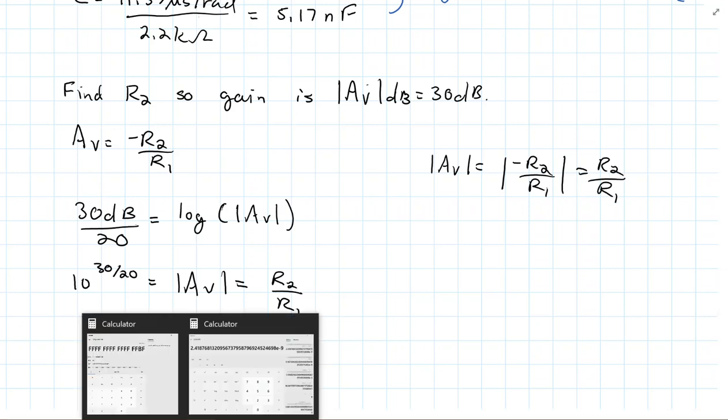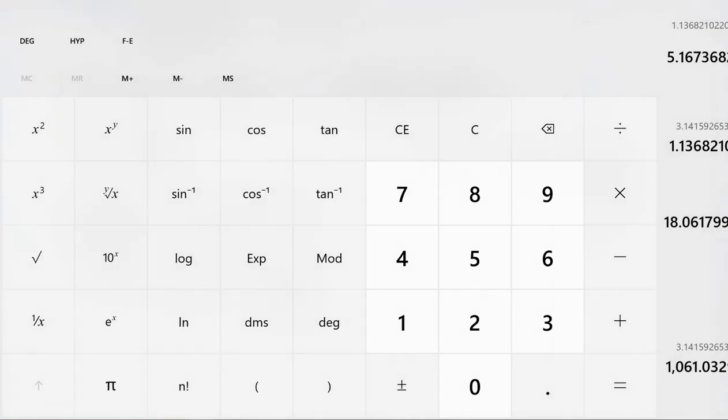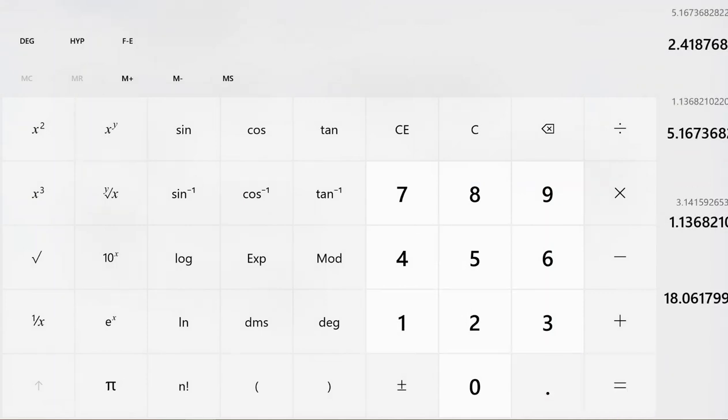Alright, so we need to do a computation here. So we have 10 to the 1.5, because 30 divided by 20 is 1.5.